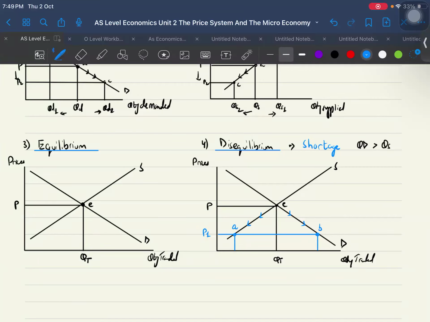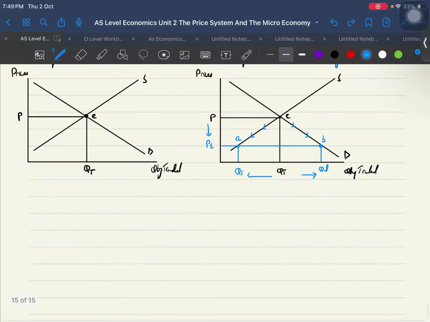So this derives a quantity supply which is reduced due to a fall of price. And point B shows the interaction of the price line with the demand. So I'll just write quantity demand here, which has increased due to a fall of price, as you can see here. We're done with the case of shortage.